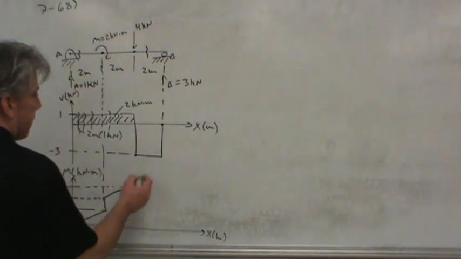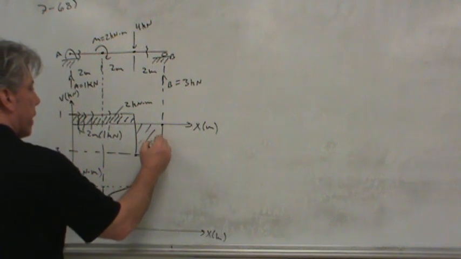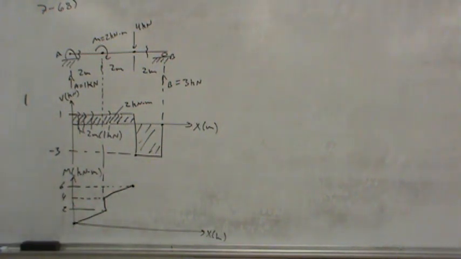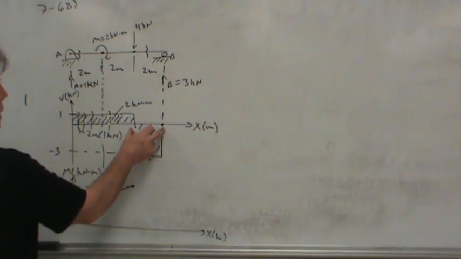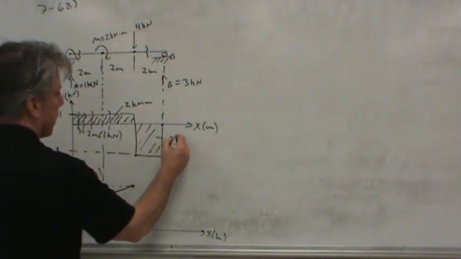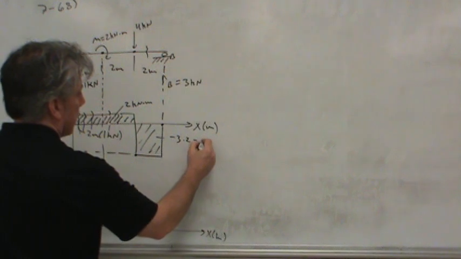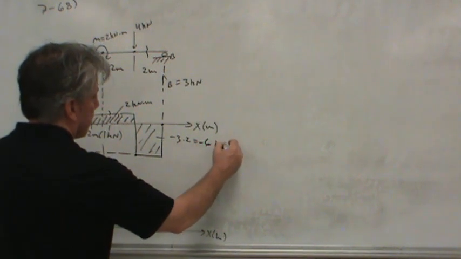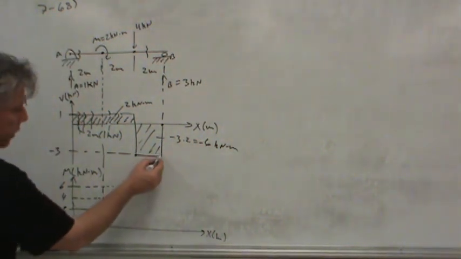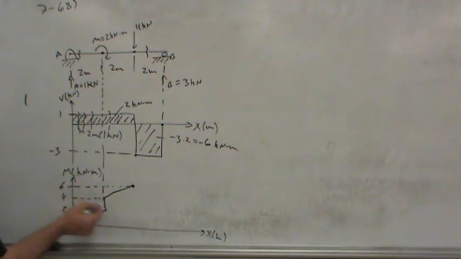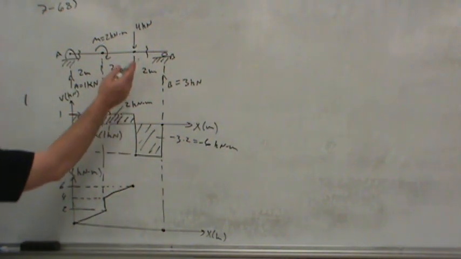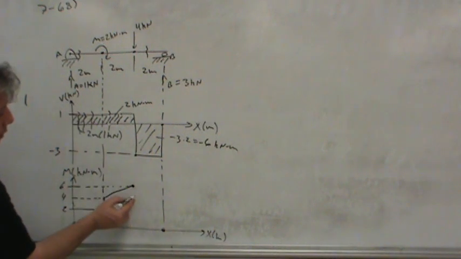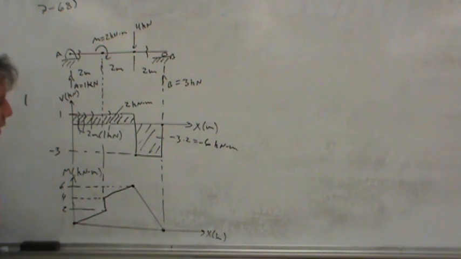Then finally, negative area causes a decrease in the moment, and so we've got negative 3 times 2, this area is negative 6 kilonewton meters. And so we go down, well, not surprisingly, we're at 6, we're going to go down by 6, so we end up at 0. No moment or cantilever at the end of the beam, so we end up at 0 with a linear decrease.